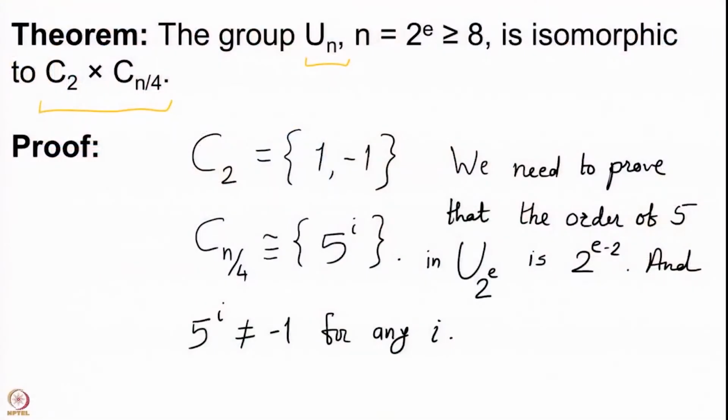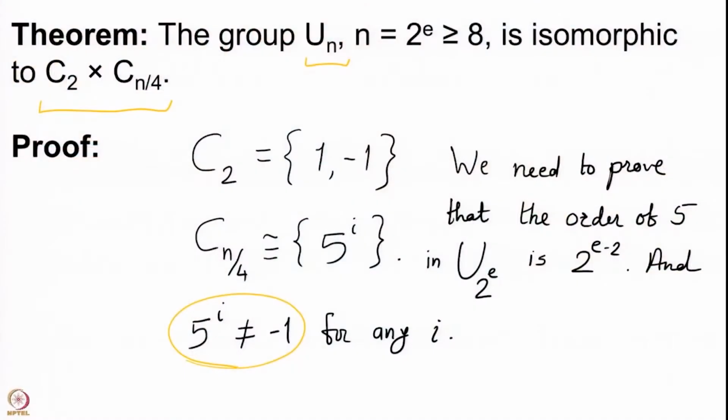Second thing says that there is no intersection in these two subgroups. So, this is the statement that I have written here, that 5 power i is not minus 1 for any i. And then the third part of the statement says that the product of the cardinalities of these two subgroups is equal to the cardinality of the group.